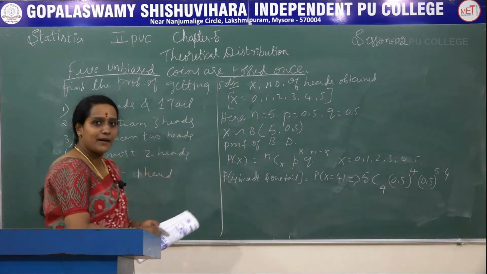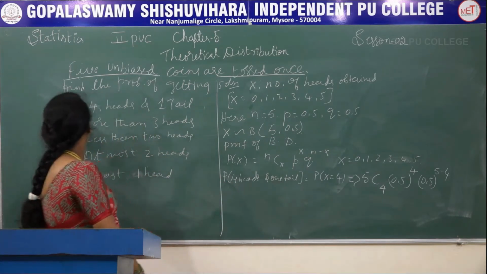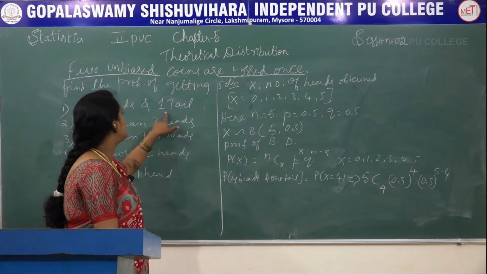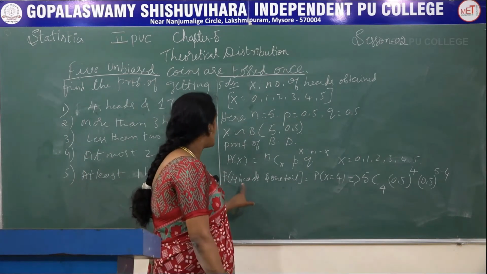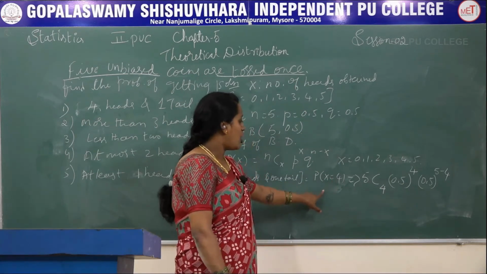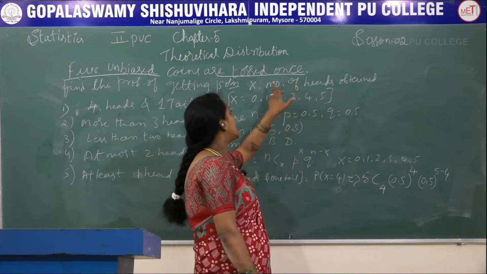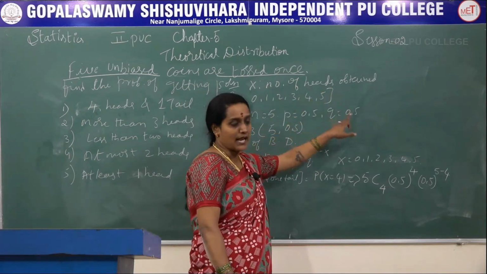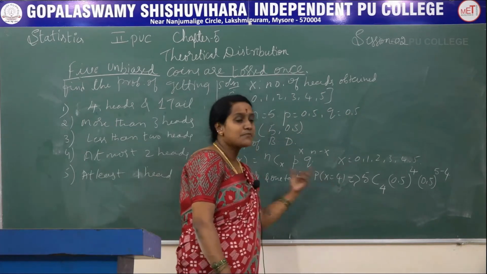Once again I will repeat this procedure. We want to find the probability of 4 heads and 1 tail. 4 heads is nothing but P of x equals 4, because x is the number of heads obtained. Here the number of heads is 4, so P of x equals 4.